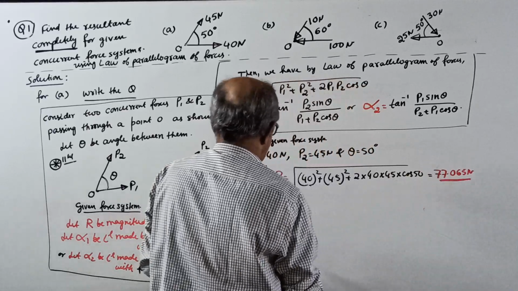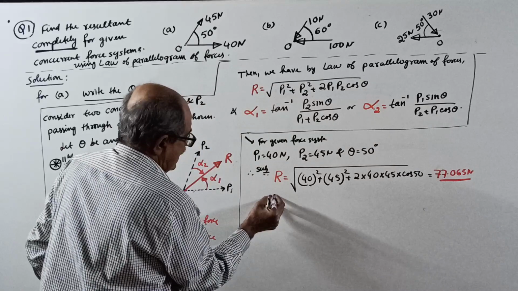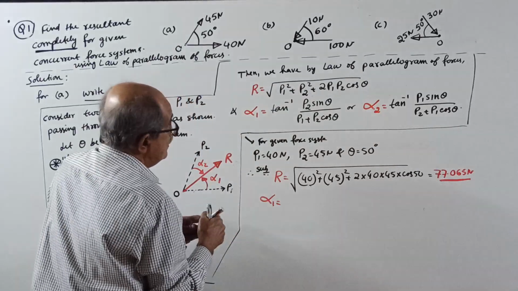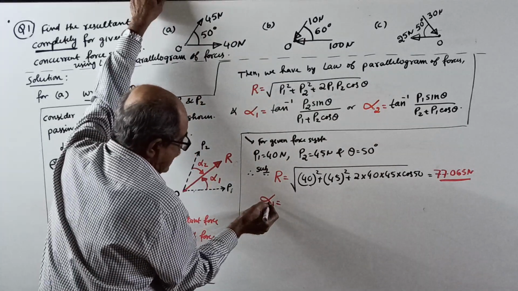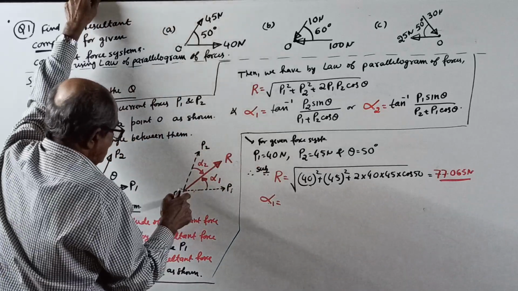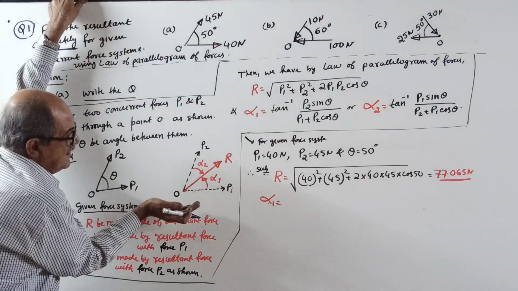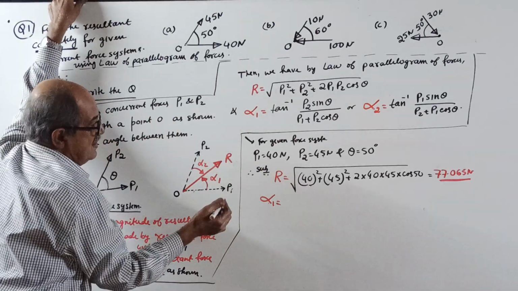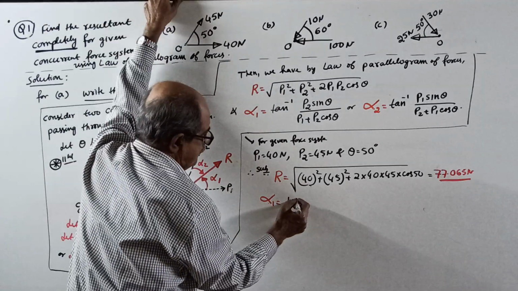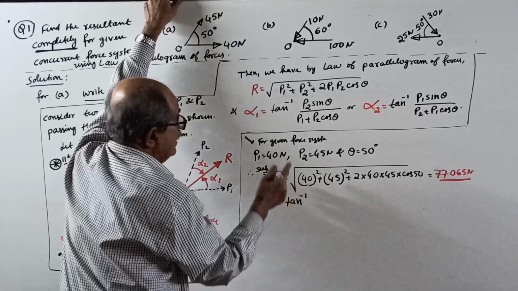0.65 Newton, correct. Then alpha 1: you should write the angle made by the resultant with the force P1. Tan inverse of, what is the formula?